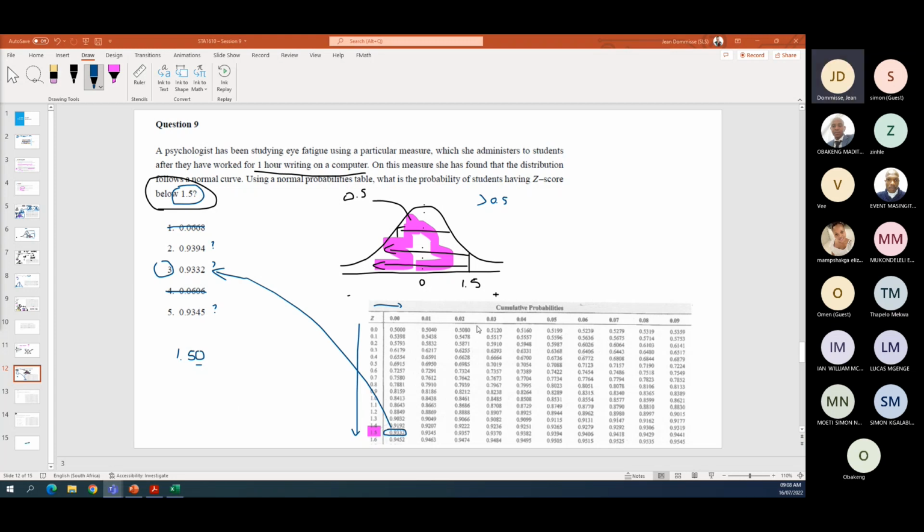But just so that it doesn't make you confused when you're looking for it on the table, I add it normally so that I can know where to go across to. And then I get the number as 0.9332, and that is your bigger area, so it is option 3. Any questions thus far?